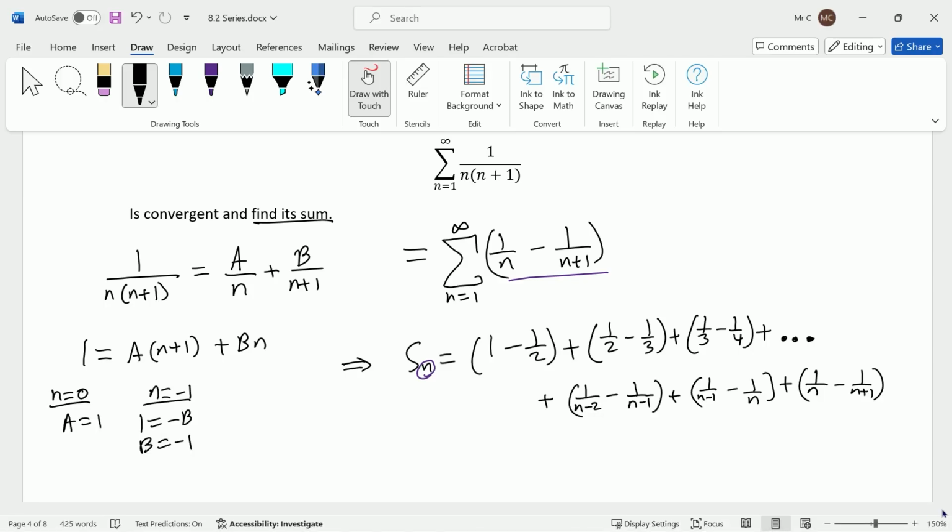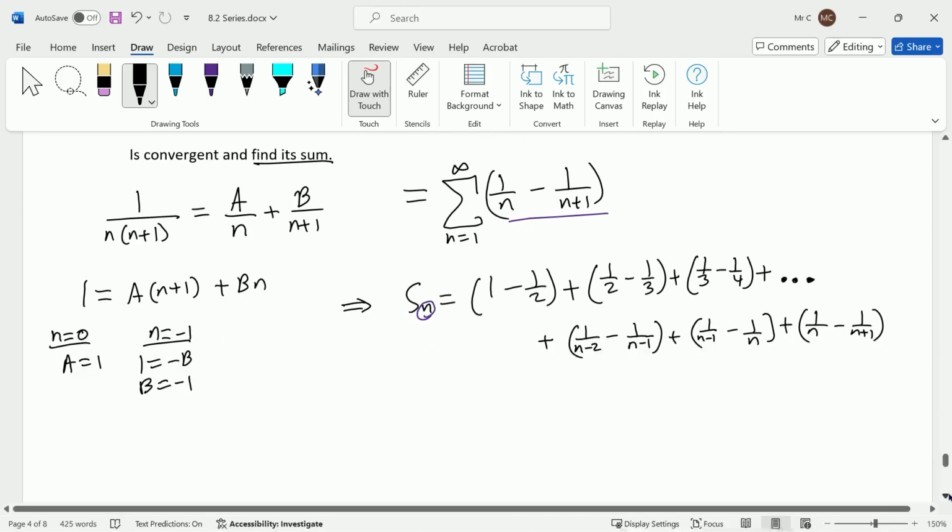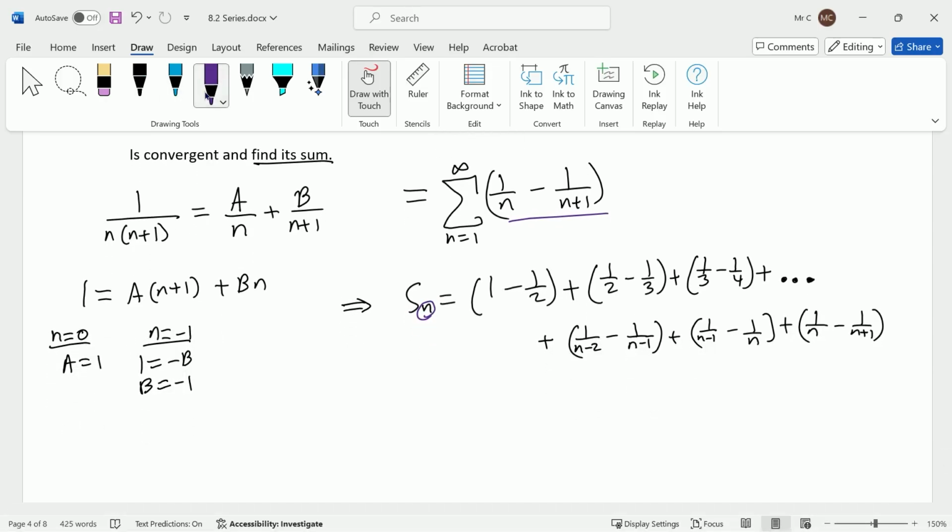The whole key with this type of series is to recognize that you can do some cancellation here. We expanded the partial sum, and then we can cancel -1/2 and 1/2, -1/3 and 1/3. Likewise, this -1/4 is going to cancel with the next term. And this 1 over n minus 2 will have been canceled by the term before it.